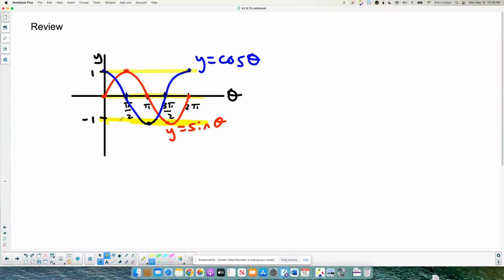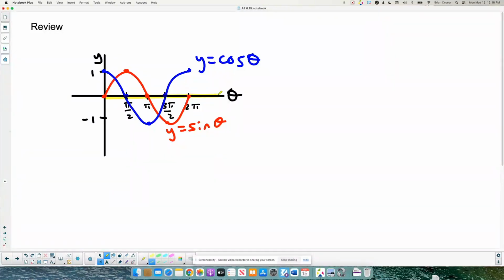Slightly off there on my graph, but that distance right here is 1. That's my amplitude. And they also have a midline of y equals 0. So my midline is right here, y equals 0.